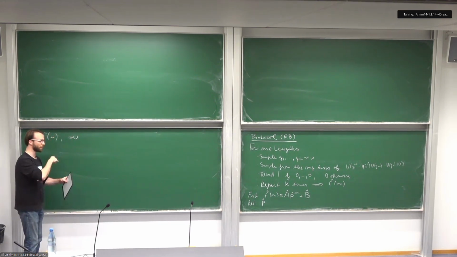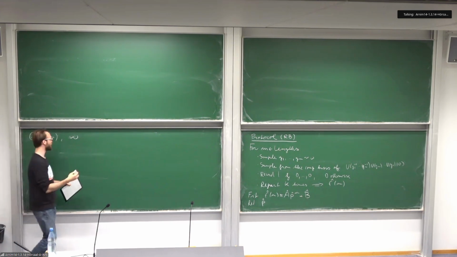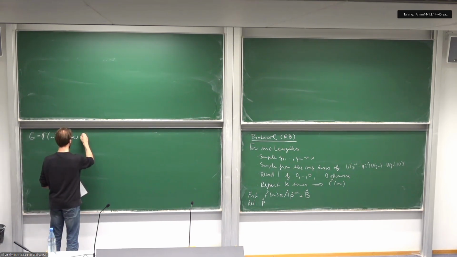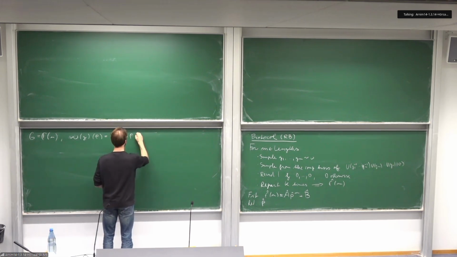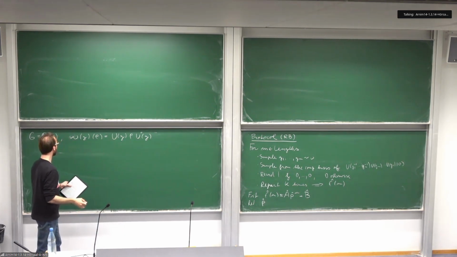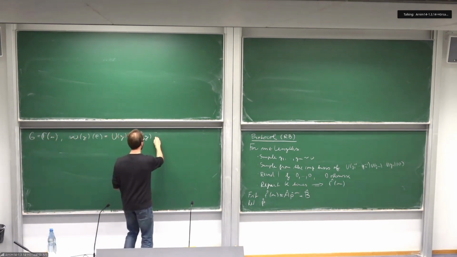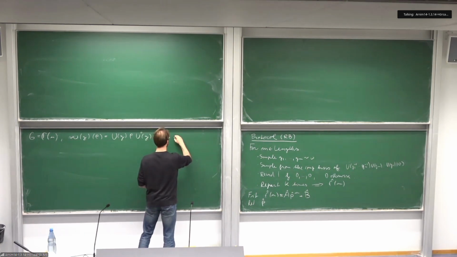So we just take the Cliffords as matrices and apply them: applied to a state rho, it will just be U of G, rho, U of G dagger. Right, so that's our representation. And then nu is the uniform distribution.